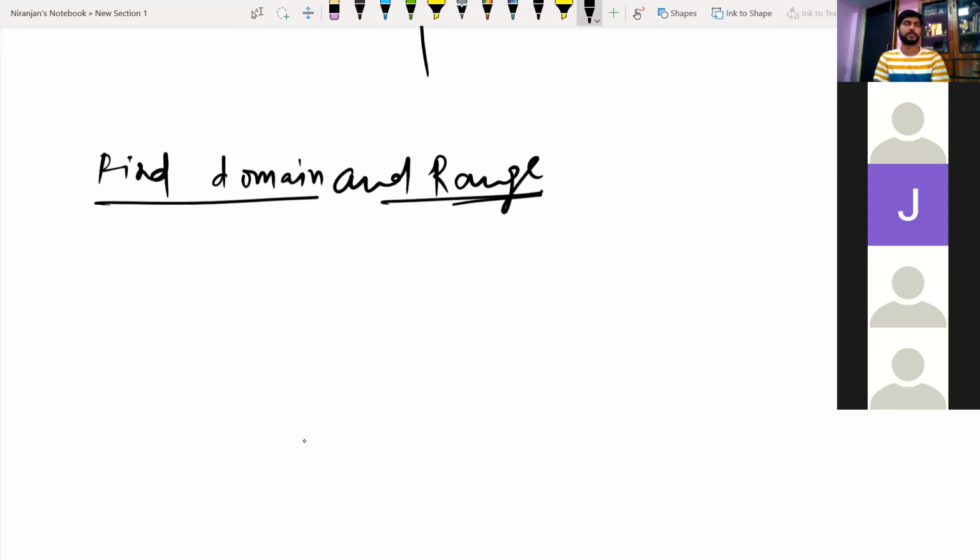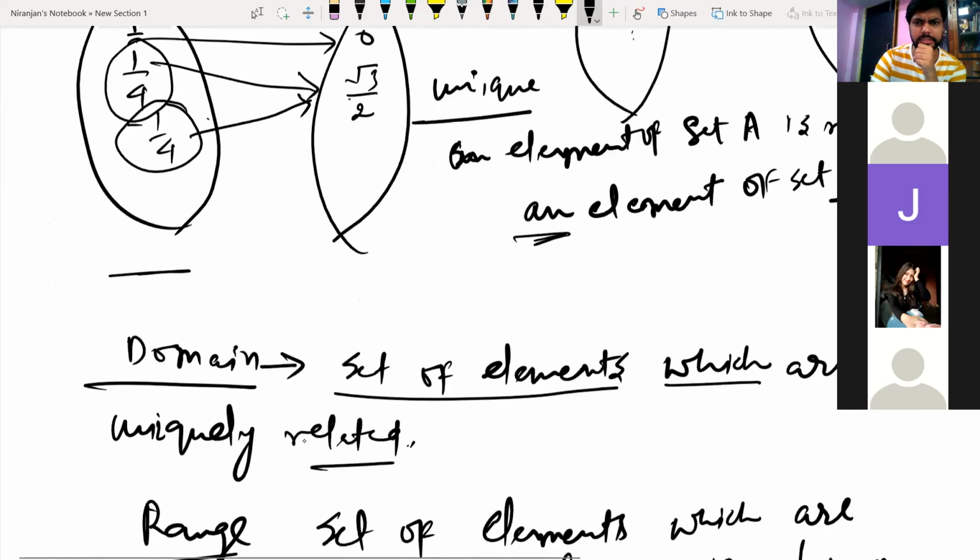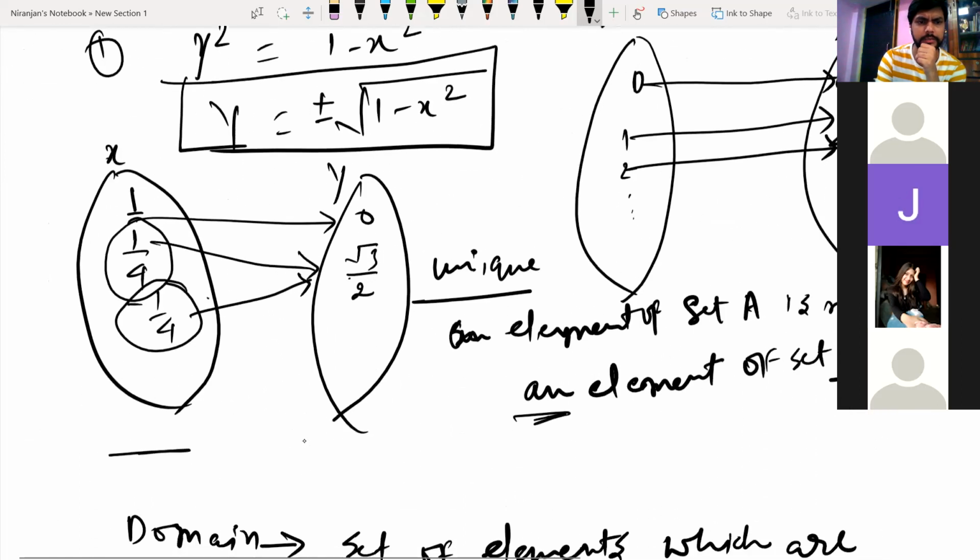Right. So the idea is for domain. Sir, in the two sets that you mentioned above, the first one is a function or not? No, it's not. I did say that, right? Every element has a unique image now.